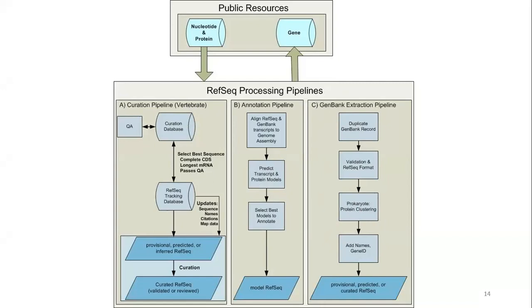The very first and simplest pipeline to understand would be this GenBank extraction pipeline. Whenever a new entry is established in your GenBank, a duplicate copy of that record is created.